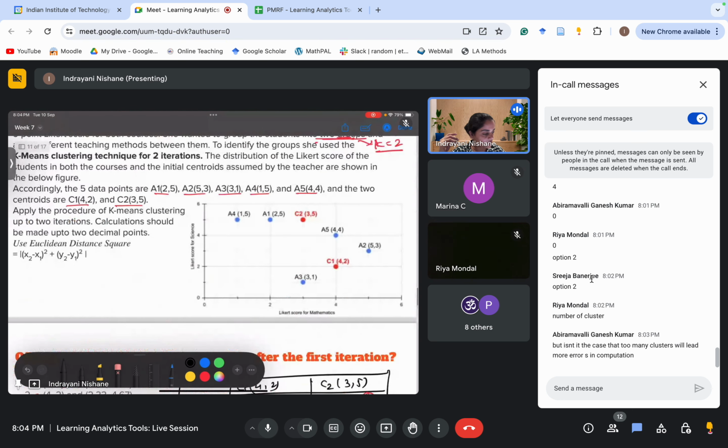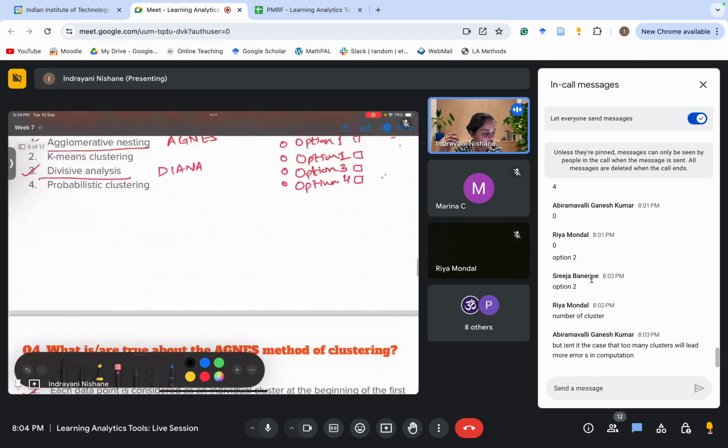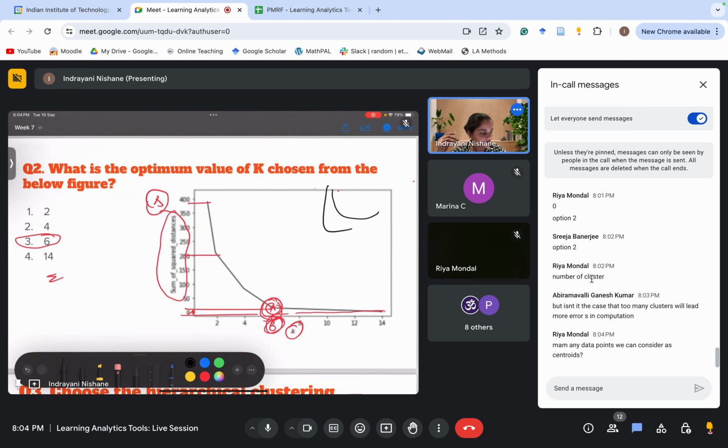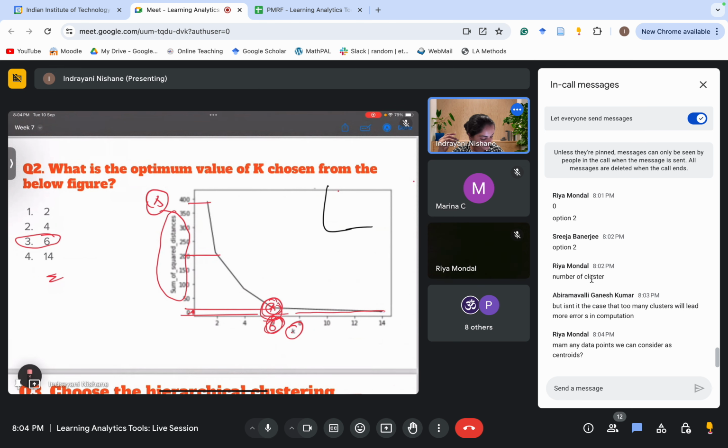Let's go back to that graph of J. It is not increasing like this, but somewhat like this. So at this point we will see where the elbow is happening, and that is considered the optimum number.